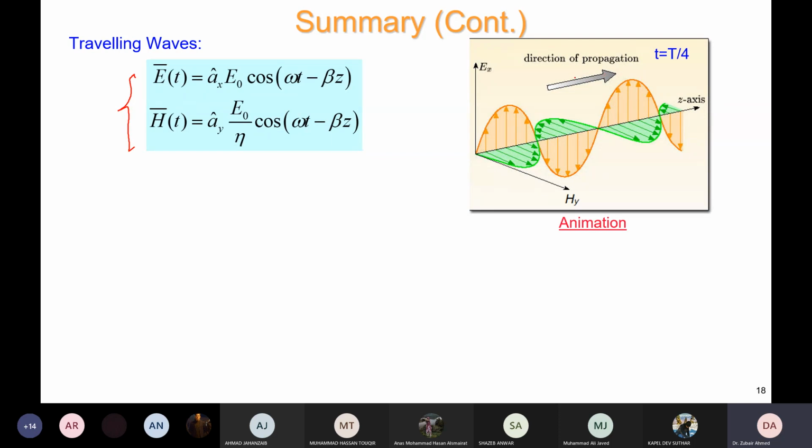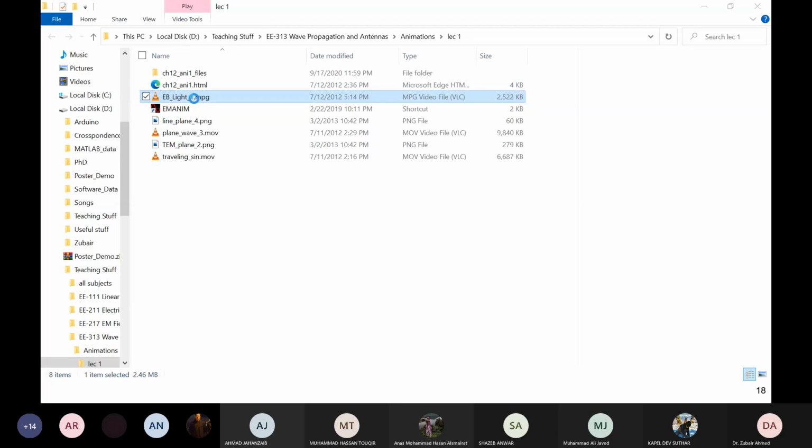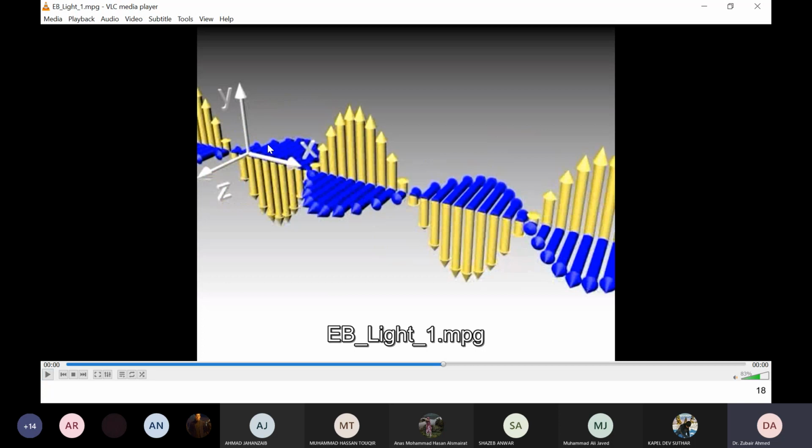I am showing it only at one instant of time. It's just a snapshot at t is equal to T/4. In general, the wave will look like something like this. So we will have two waves, an electric field wave, let's say this yellow, and this blue wave is let's say magnetic wave.